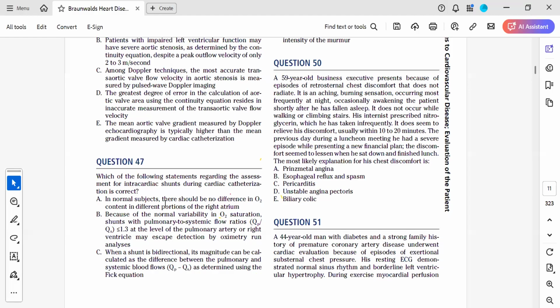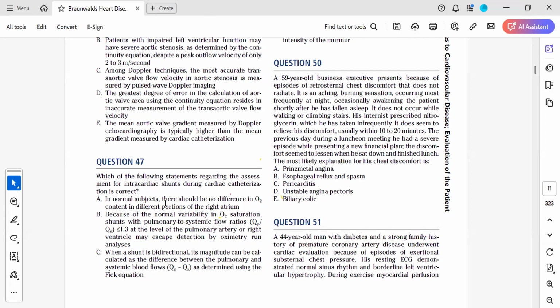With the mixture of blood coming in, different portions of the right atrium might have different oxygen saturations, but it should not be more than 7 to 8. A difference of 3, as mentioned in an earlier question, is still acceptable. So option A is false.